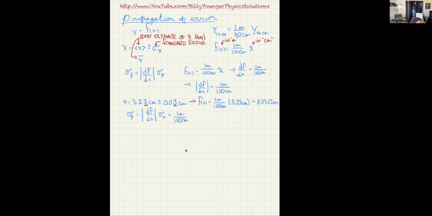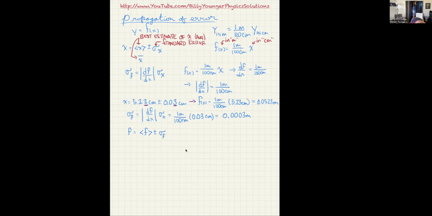And then the uncertainty in x is, of course, 0.03 centimeters. And now what you can see is this becomes 0.0003 meters.